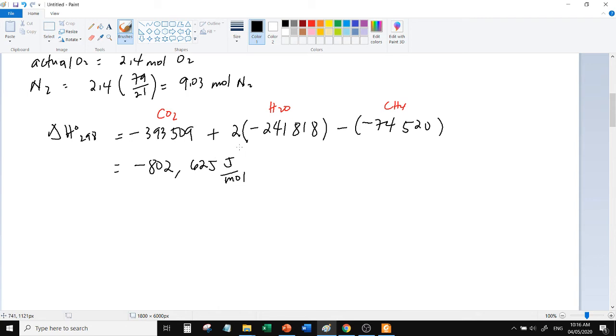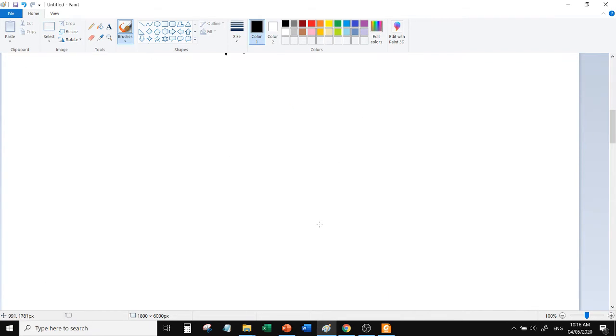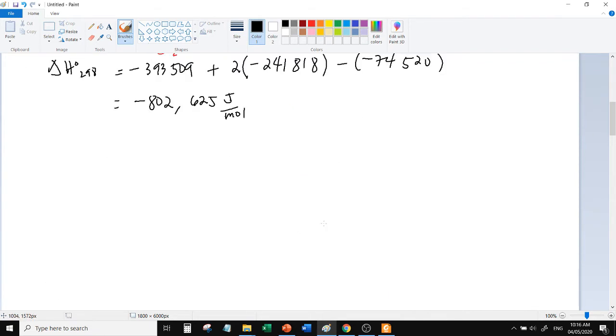So, the next thing na isasolve natin is yung unknown, yung sensible heat. Kaso, hindi siya basta-basta na masasolve mo lang directly. Kasi, yung sensible heat natin ay dependent sa, yung CP natin ay dependent sa temperature.